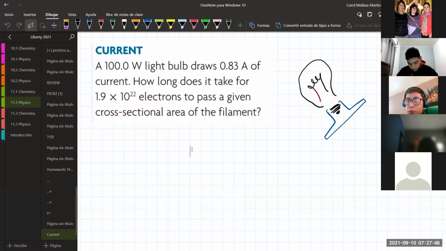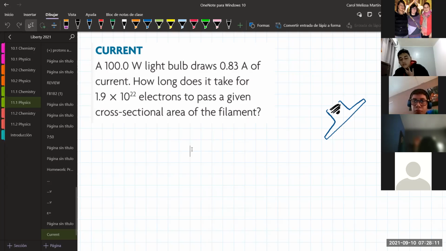So when the problem says that I want to know how much time those 1.9 times 10 to the 22nd electrons will take to pass through the area, that means that I'm going to put a stopwatch just to count the electrons.